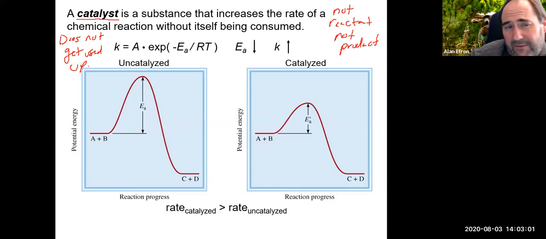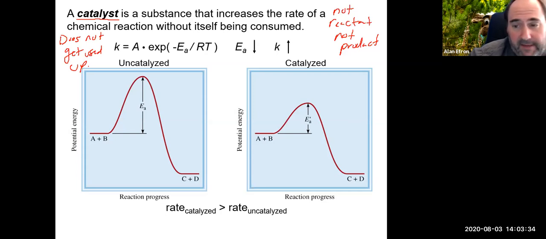It may get used a little bit along the way, but it can get regenerated as well. A catalyst doesn't just sit there and not do anything. In certain cases it can get used, but in the mechanism of that particular reaction, the catalyst itself will be regenerated by the time the reaction is done.